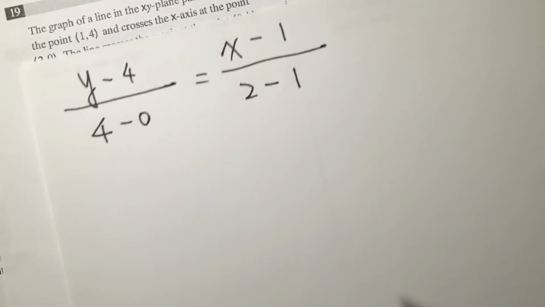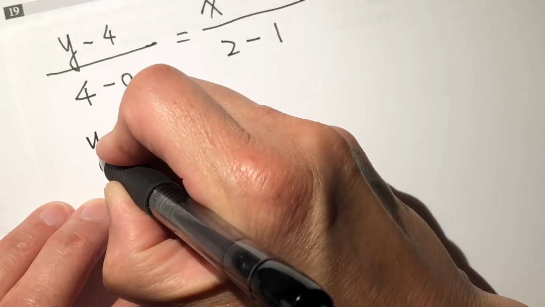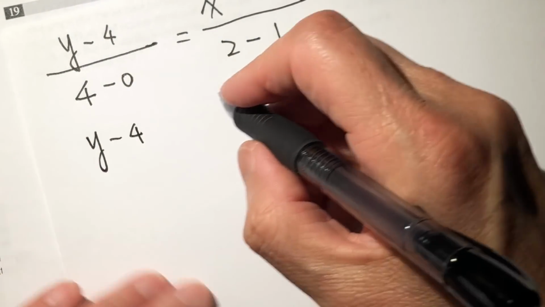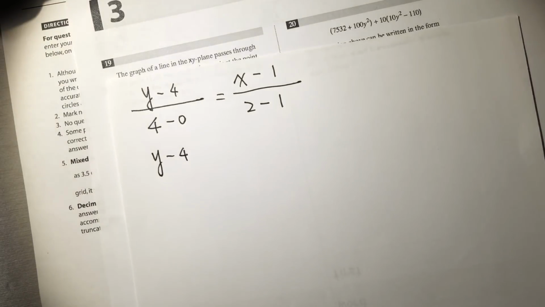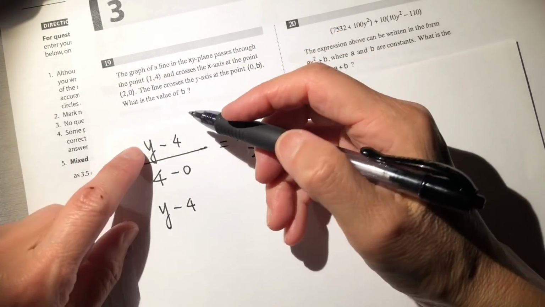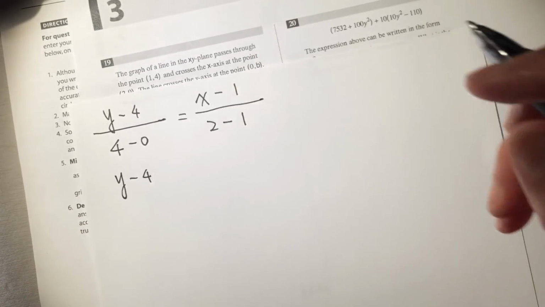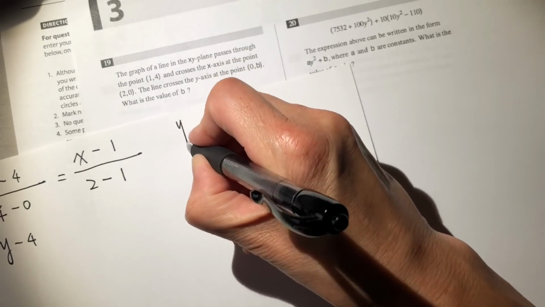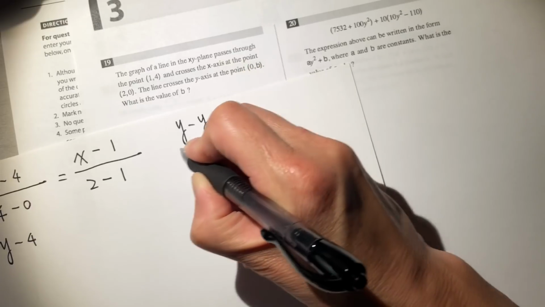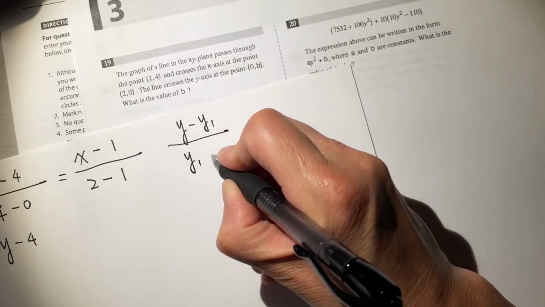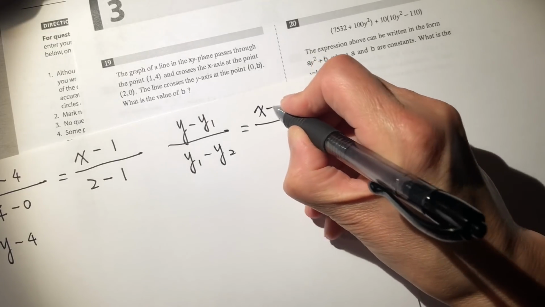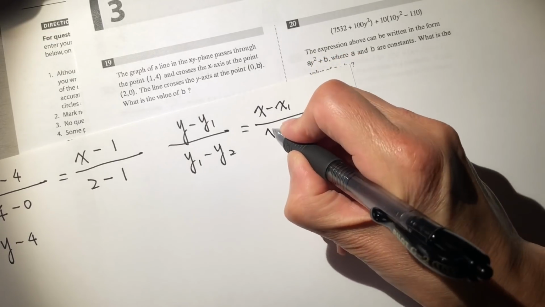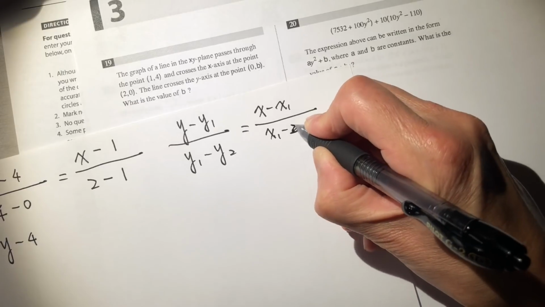This is a 2-point function. Y minus 4. I put it smaller, so we can get a function. Before I write it: y minus y1 over y1 minus y2 equals x minus x1 over x1 minus x2.